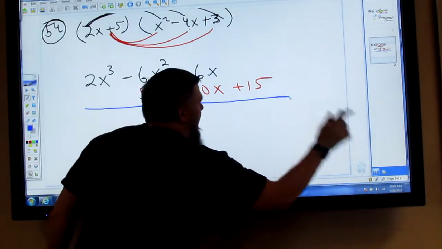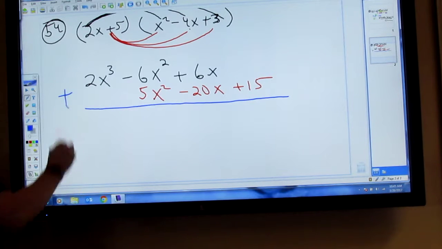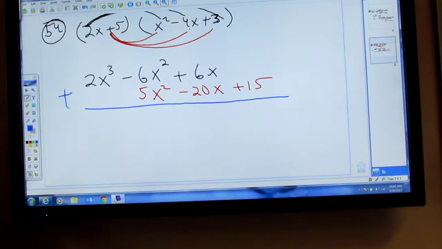So I can add them up. Well, all we're doing is adding them up. You'll find that a lot of my math that I set you guys up with is just adding. We're just going to add. We might be adding negative numbers, but we're adding. So think of it like this. 2 and nothing is 2, right? So I got 2x cubed.